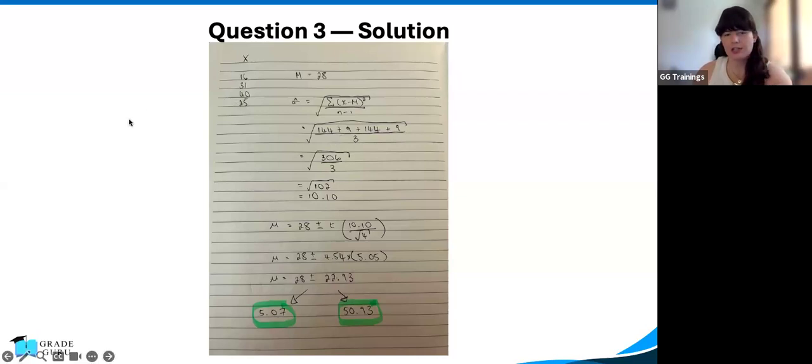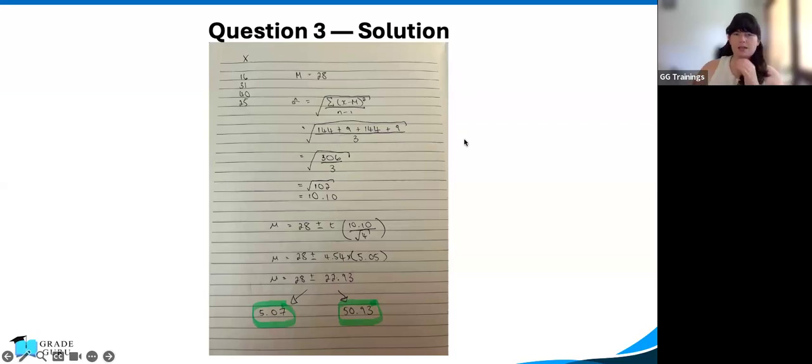I didn't put the full conclusion here, but with a confidence interval, you just say that we can conclude with 98% confidence that the population mean for this variable lies between 5.07 and 50.93. Okay. No issues? We good?